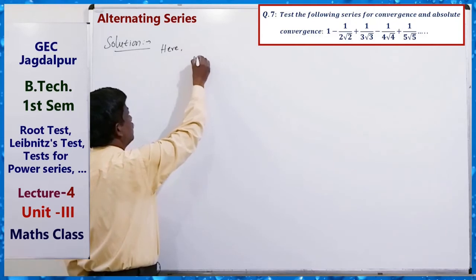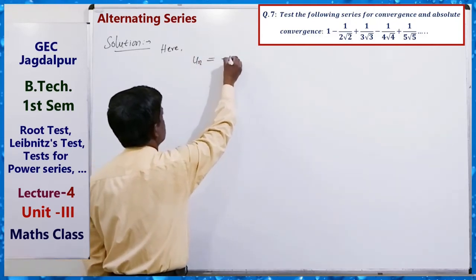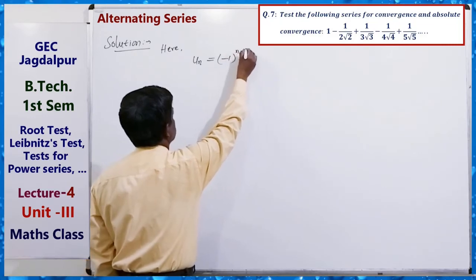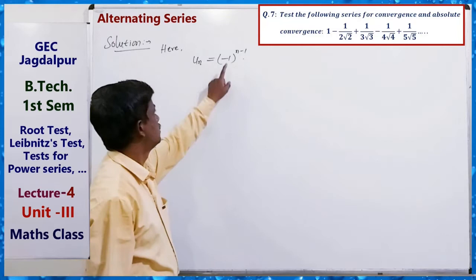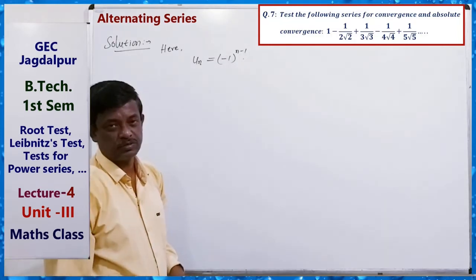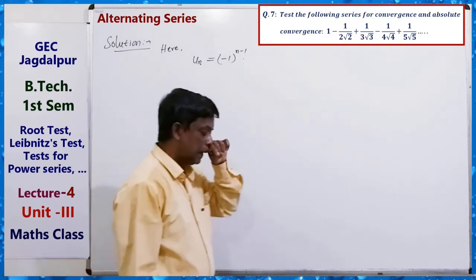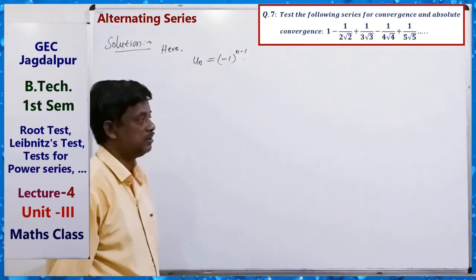So here in the given question, un equals (-1)^(n-1) times 1 upon n root n.